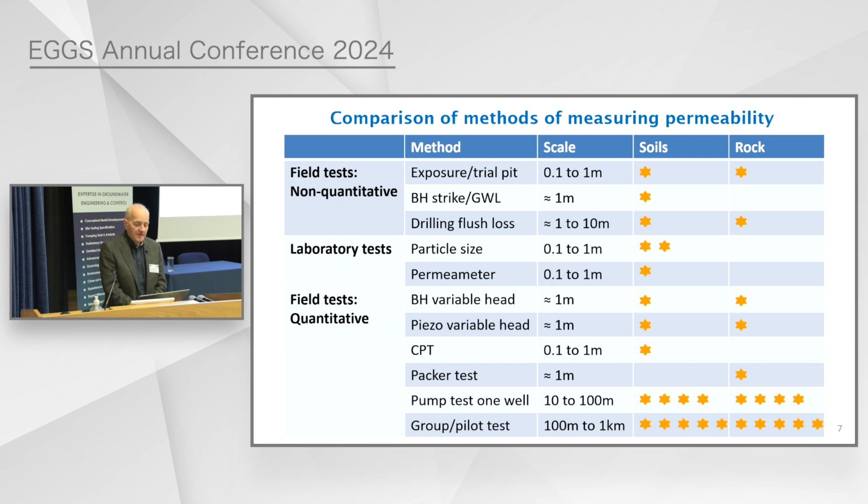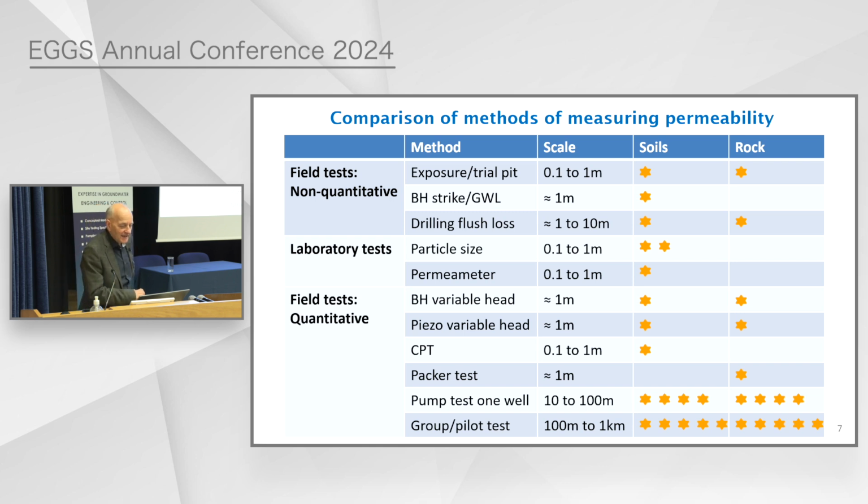So methods of measuring permeability, Martin ran through several of these. We've got the field test, non-quantitative, the laboratory tests, and then the quantitative field tests. And I've given them a Toby Roberts gold star rating.